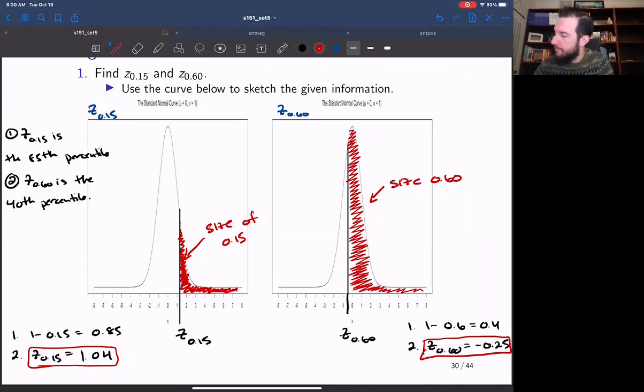Sorry, the question is, when do we know to use the negative table as opposed to the positive table?